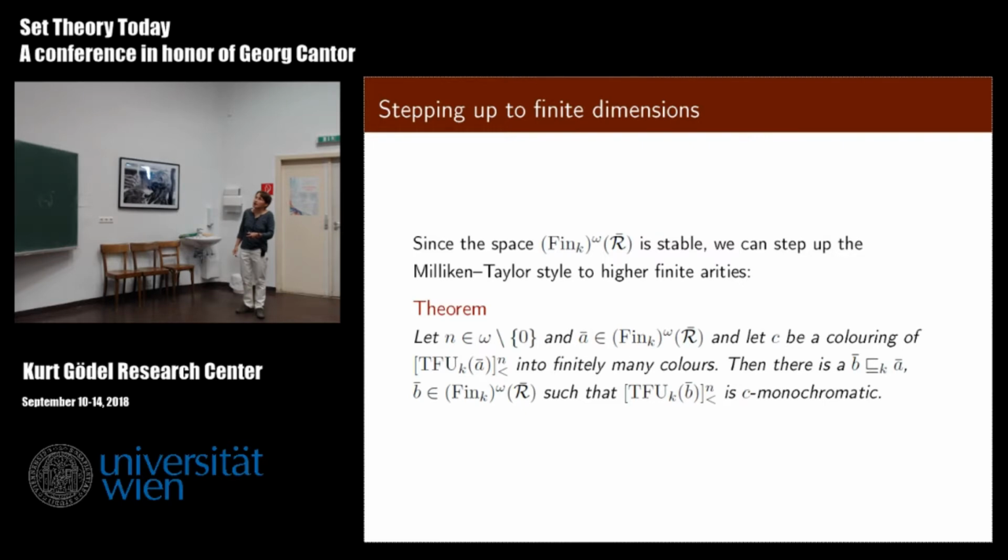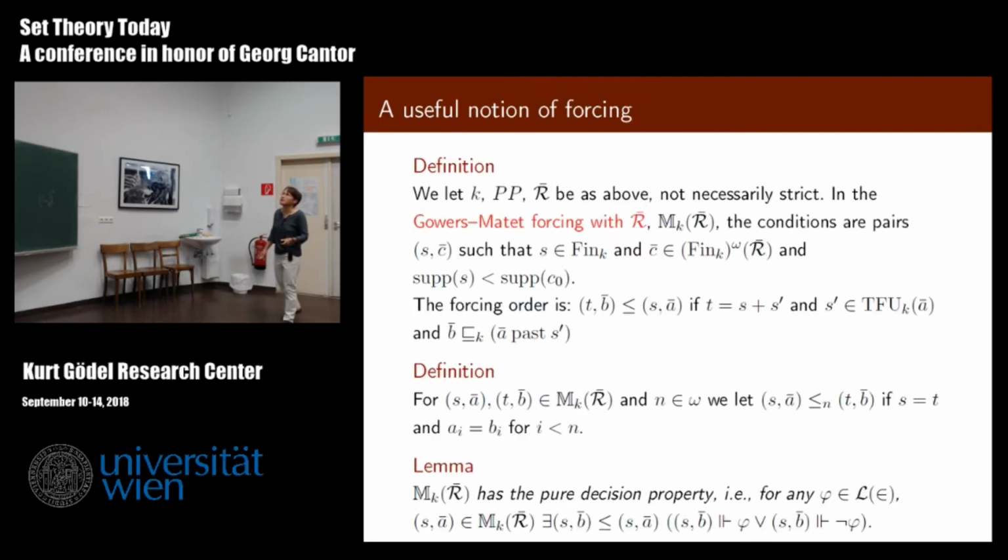So instead of coloring just the one TFU of A, I color pairs or n-tuples in increasing order, so a much richer coloring, and still I find the monochromatic condensation here. And this is used for evaluating the forcing, it's very convenient to have this, that you have one condition who does a lot of jobs then.